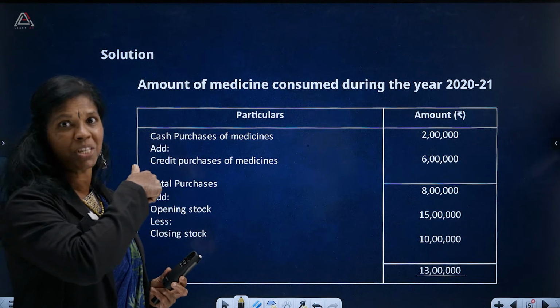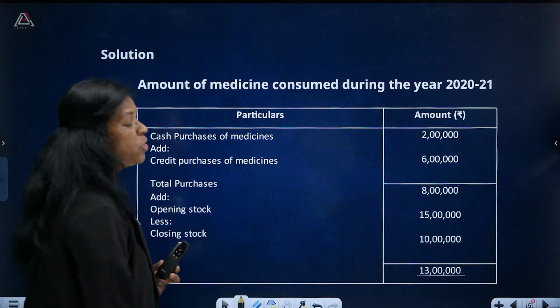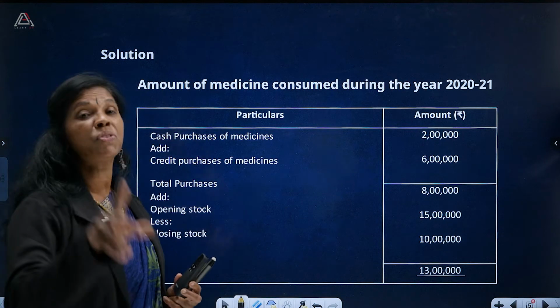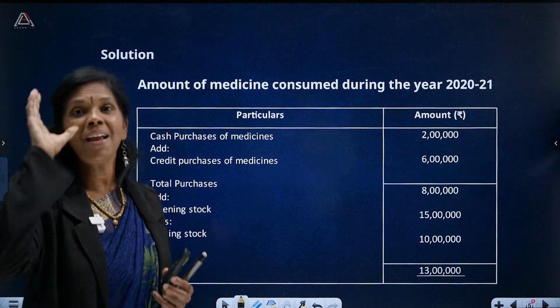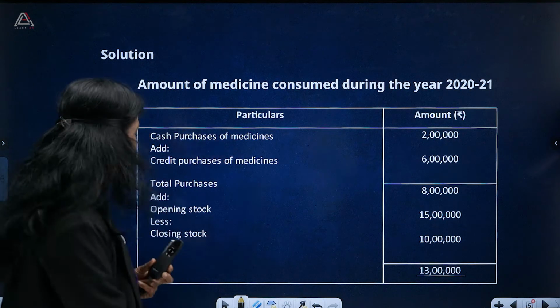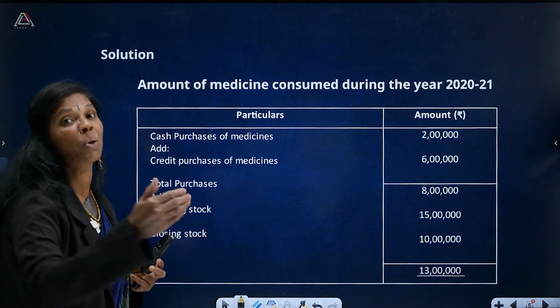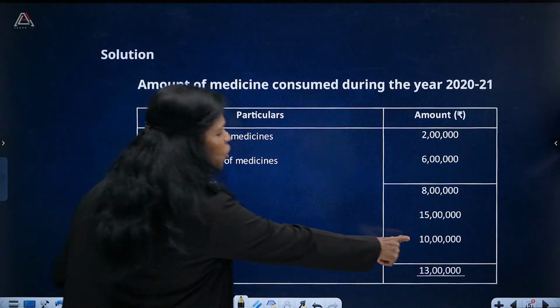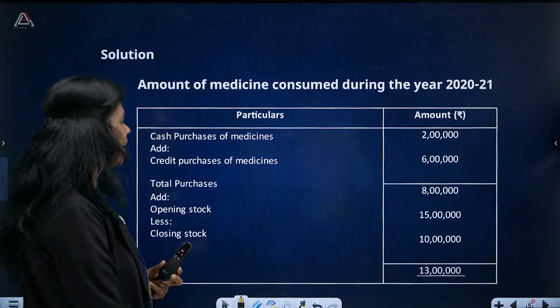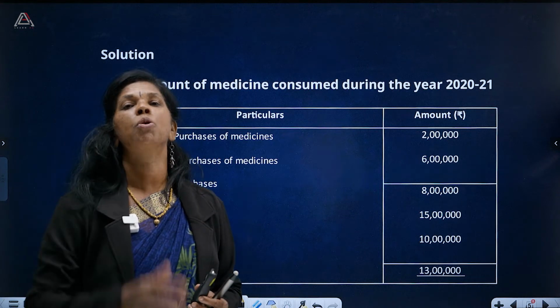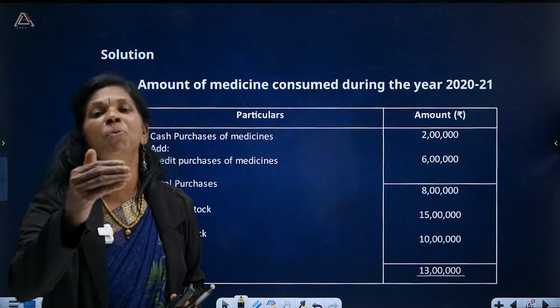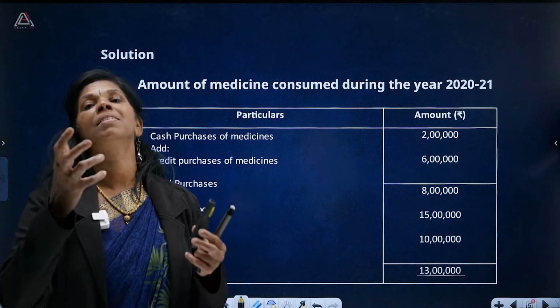It is given in the question. Then 8 lakh plus 15 lakh, how much? 23 lakh. From that 23 lakh, we have to minus closing stock of medicine. How much? 10 lakh. So 13 lakh, this is the medicine consumed during the year. This is one of the ways to find out the answer.